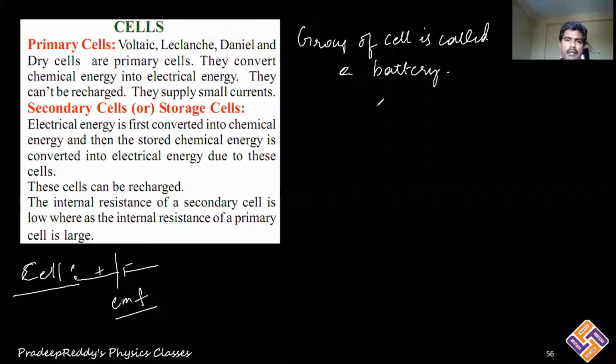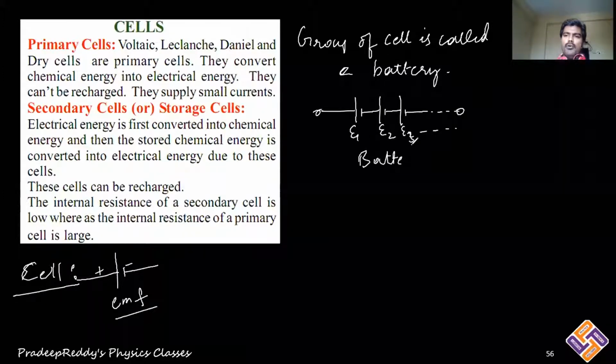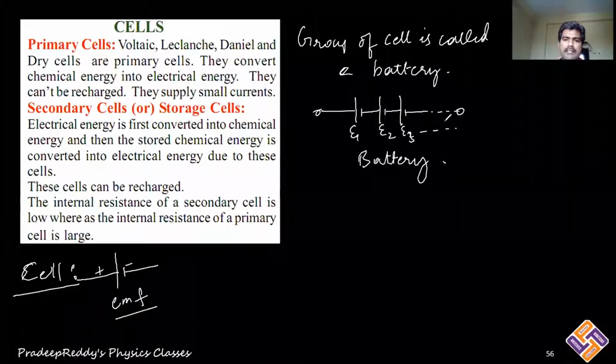We will be joining these cells in series or in parallel, with as many cells as there may be. They have E1 EMF, E2 EMF, E3 EMF, and so on. Such a group of cells makes a battery. Even if only 2 cells are being used, you need to call it a battery. Group of cells is called a battery.